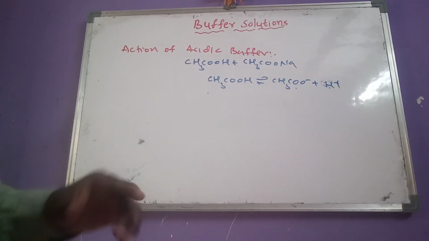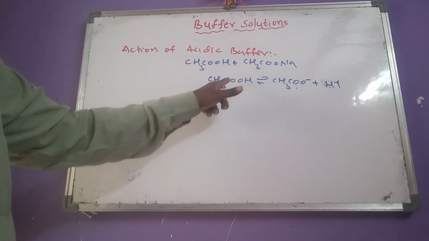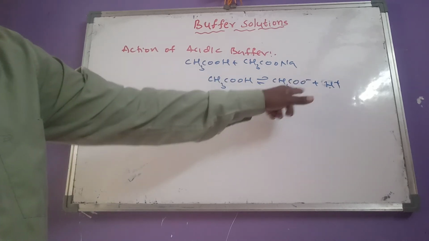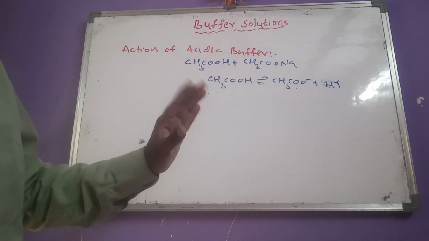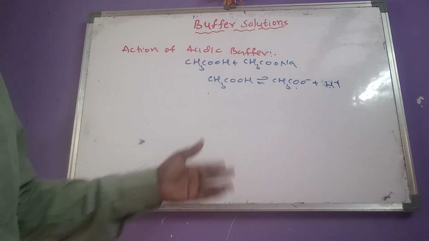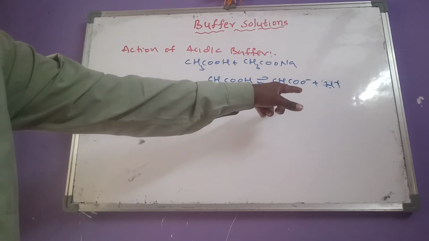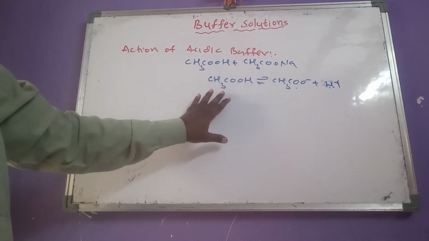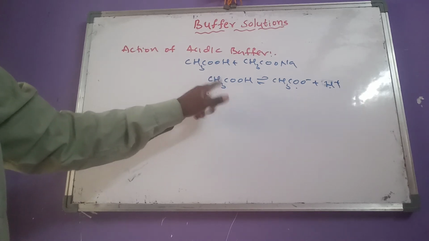That means most of the acid remains in molecular form rather than in ionic form, because only 1% is ionized. That means out of 100 molecules of acetic acid, only one or two dissociate into ions, but the remaining 98 to 99 remain in the form of molecules only.